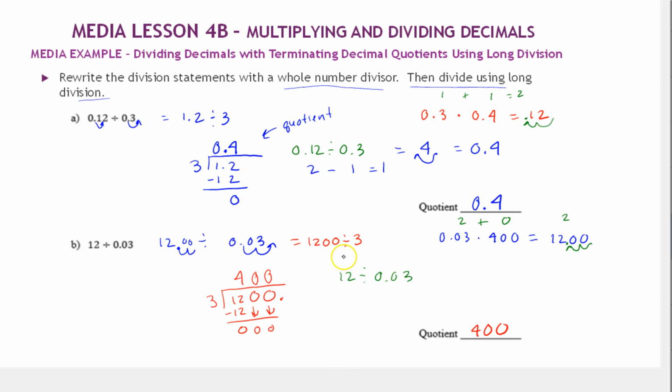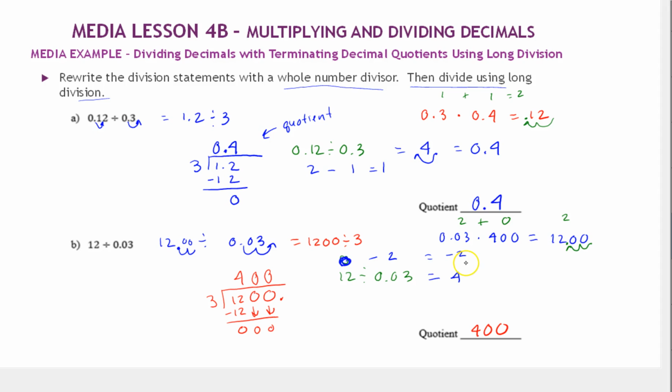This has 0 numbers after the decimal place. Let's make that a different color. This has 2 decimals after the decimal place. So we would have to move this. Now I know this seems a little funky. We could divide 12 by 3 and get 4, and move the decimal place -2.